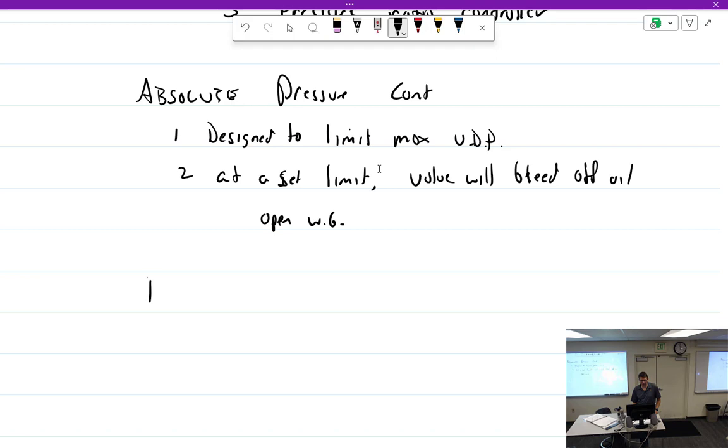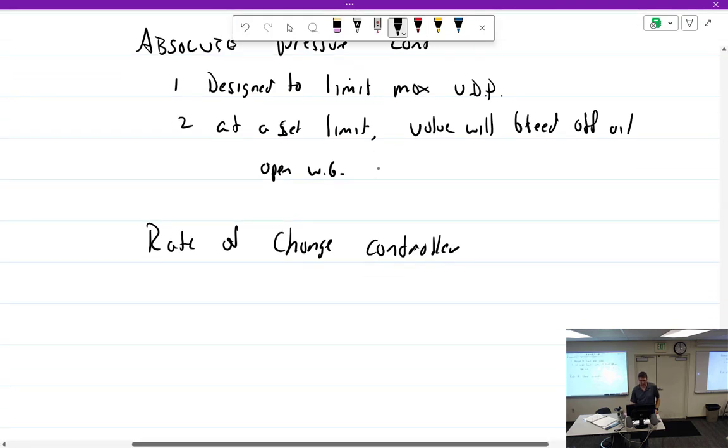We have the rate of change controller. Senses the rate at which upper deck pressure increases.